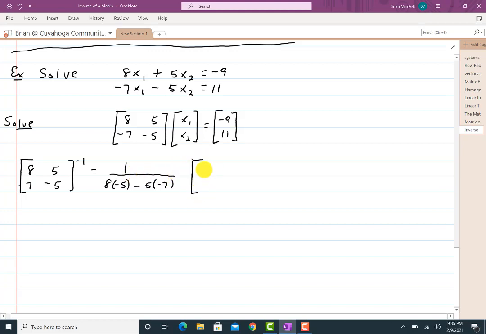And then I swap the first and last entries and negate the other entries as such. Let me simplify as much as I can. Down here, I'm going to get negative 40 plus 35, which will be negative 5. So I get negative 1/5 times negative 5, 7, 8.